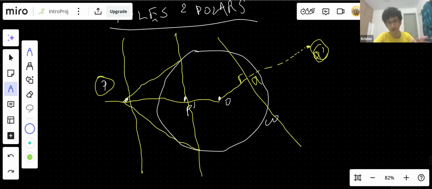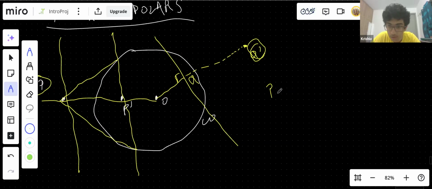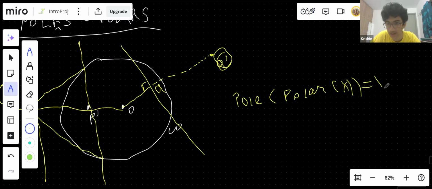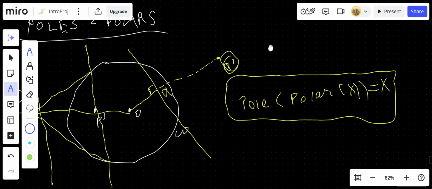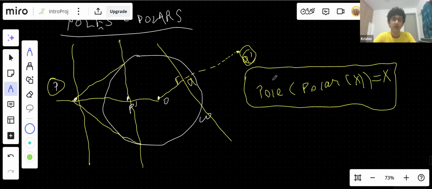So it's basically a reverse process: the pole of the polar of x is equal to x. Does this make sense? Yeah, opposite functions, it's basically opposite actions.